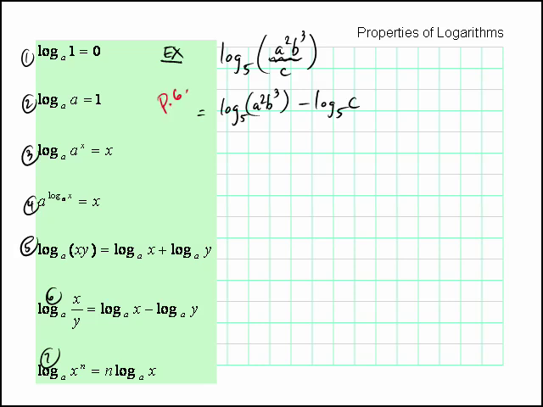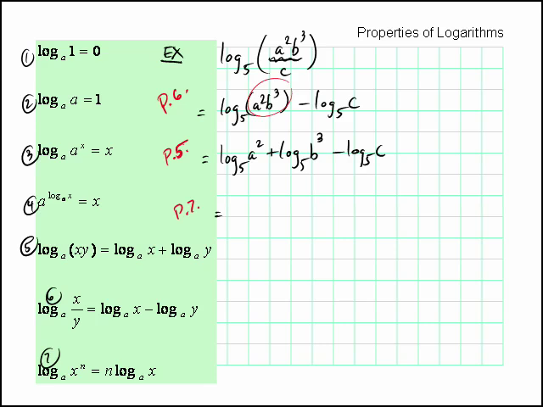I can also use property 5 right here. Property 5 says that I can split that up into addition. This is the log of a squared plus the log of b cubed, and then minus the log of c. That's property 5. And now finally I'm going to use property number 7.